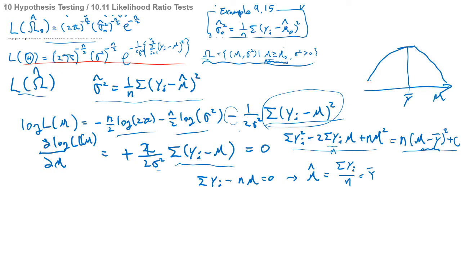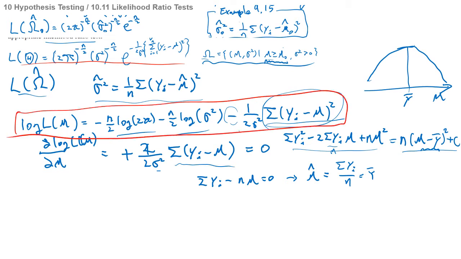Okay, and so this function depends on mu, and mu only resides here. If we re-express this part this way, the shape becomes like this, and the maximum is achieved when mu is at y bar.